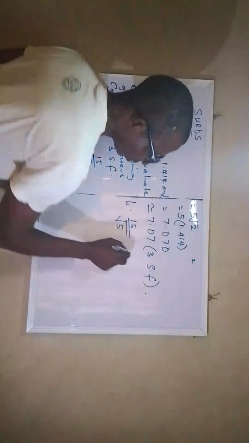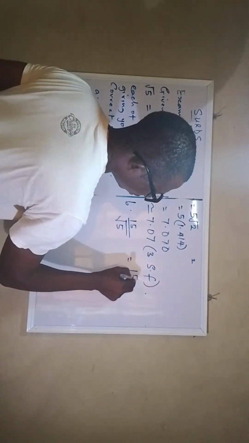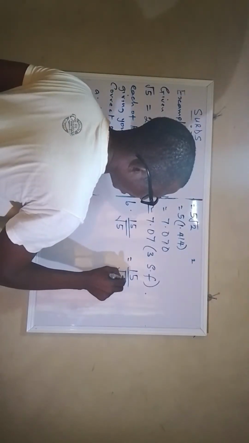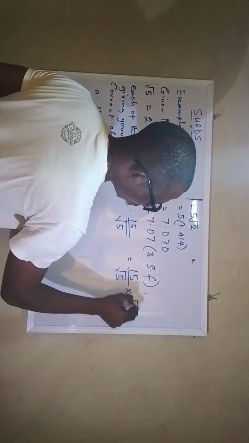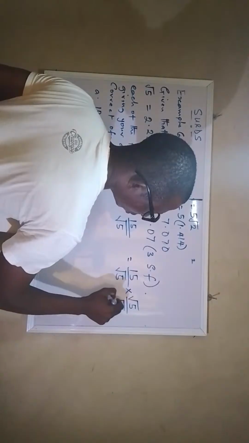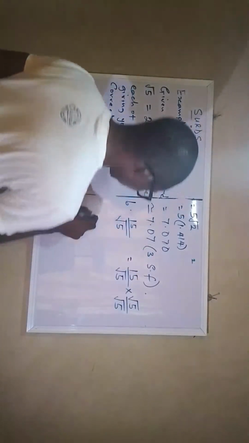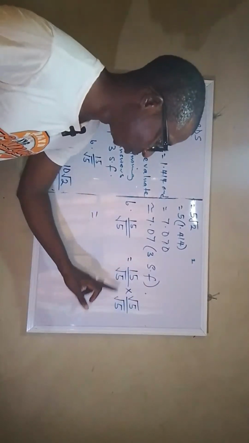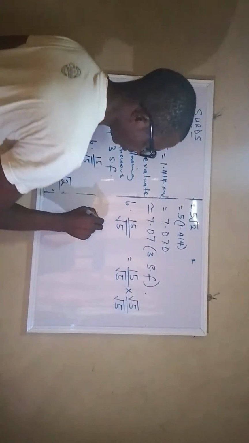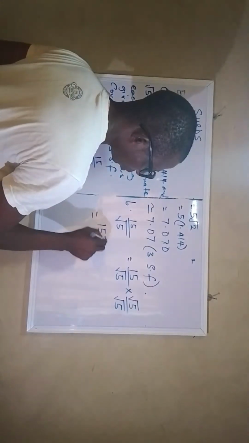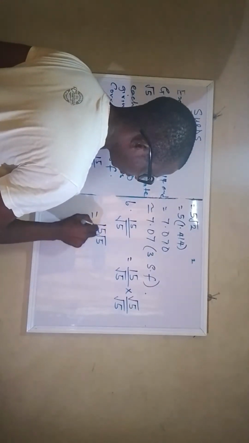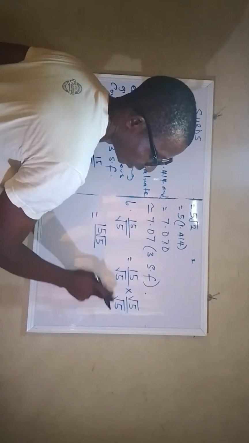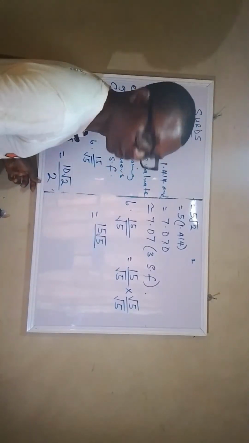So this now turns to 15 over square root of 5 times square root of 5 over square root of 5. So you use this to multiply this, this to multiply this. So we have 15 square root of 5 over square root of 5 times square root of 5. That is going to give you 5.